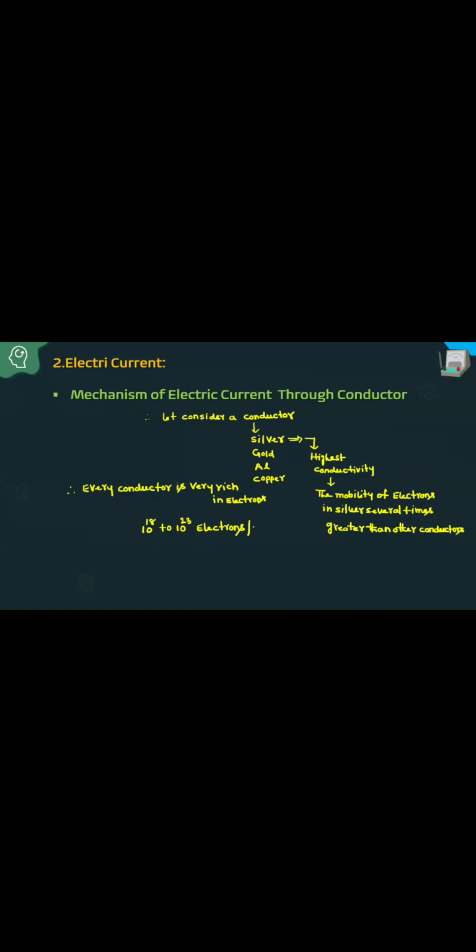Most conductors have electrons in the range of 10 to the power of 18 to 10 to the power of 23 per unit volume. That's why every conductor is very rich in electrons.